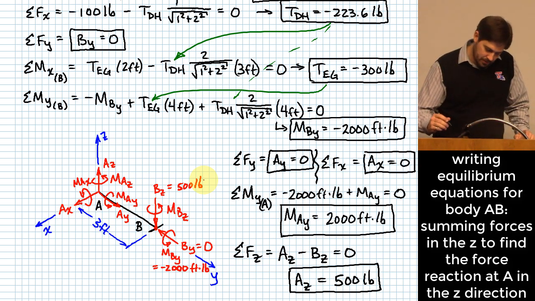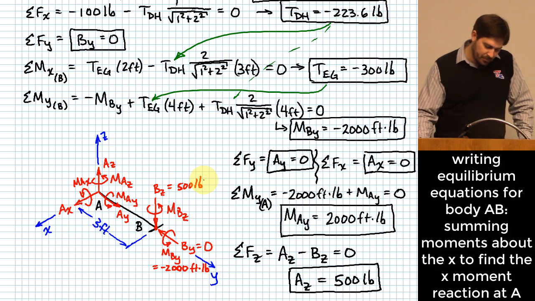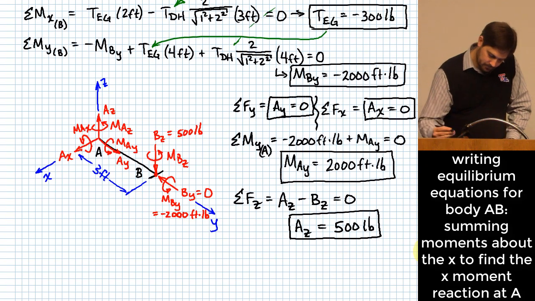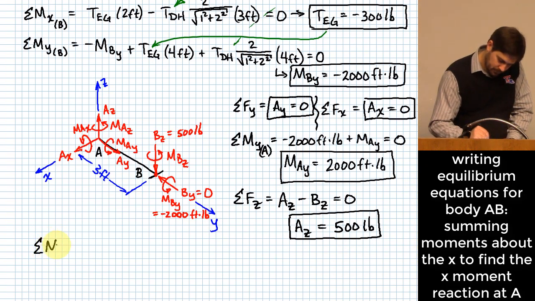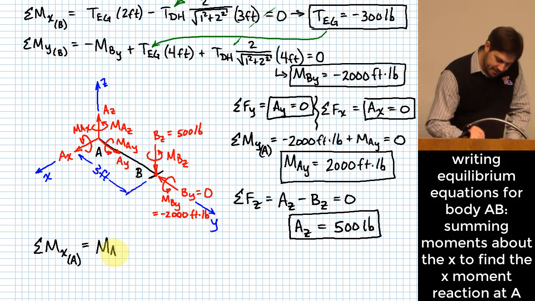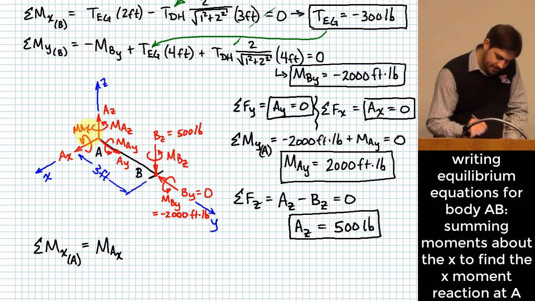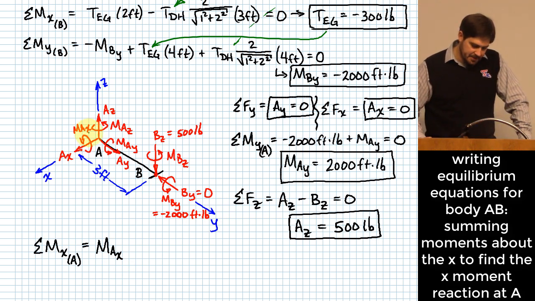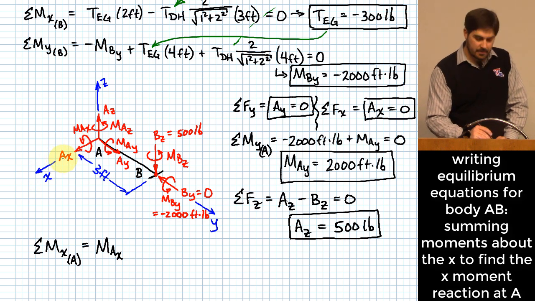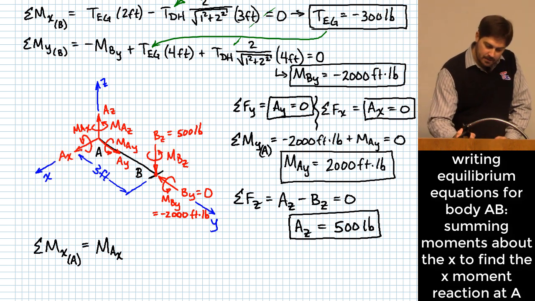Someone says maybe sum of moments around the x-axis. Okay, we'll take that x-axis passing through A. There I've got an MAX, that moment applied around that x-axis. What else? Anything else that would create a moment around that x-axis? BZ.